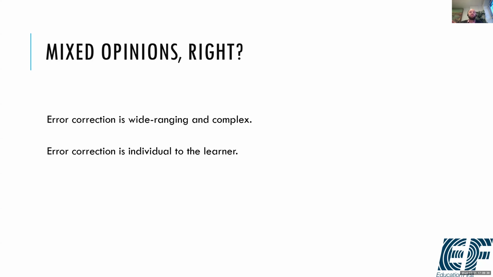You also don't necessarily know the learning history of a student, or perhaps you are aware, perhaps they've struggled learning a language before, so they may react negatively to error correction, especially certain types of error correction, which we'll get into later.